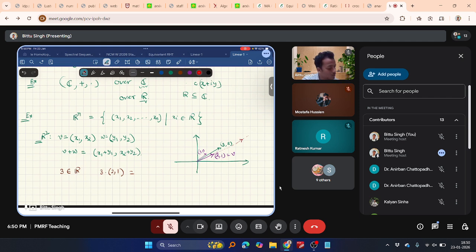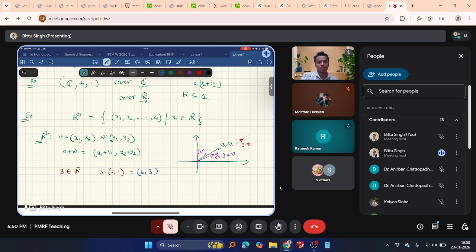So this will be the resulting thing, 3 times v, the new vector. This red one starts from the origin and goes to 6 comma 3. So again we are doing coordinate-wise multiplication.